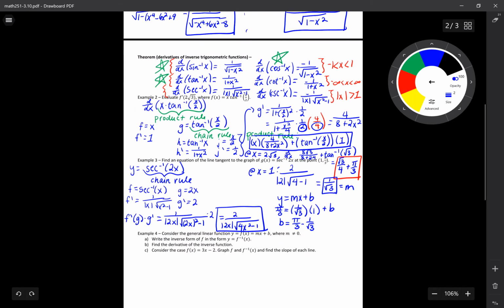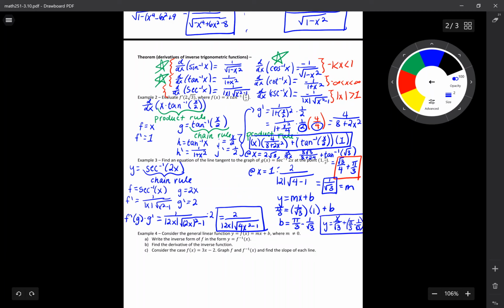So the tangent line here is y equals 1 over square root of 3 times x plus pi over 3 minus 1 over root 3.